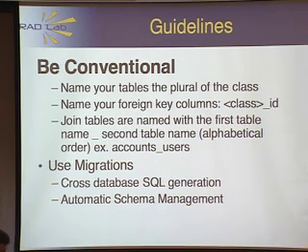Because if you name your tables a plural of the class, and you make your foreign key columns with the class name, singular form, underscore ID, and you create your join tables using the alphabetical name of the first class to the second class, or first table to the second table, it makes it very, very easy. Everything is just kind of done for you, and you'll see there's very little code you have to write.